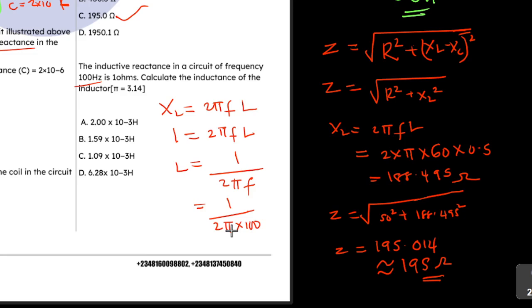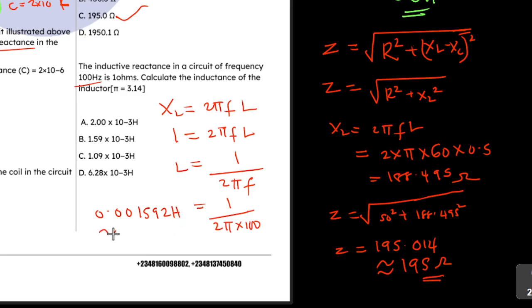So 1 divided by the entirety of 2 times 3.14, also multiplied by 100. So we get 0.001592 Henry.